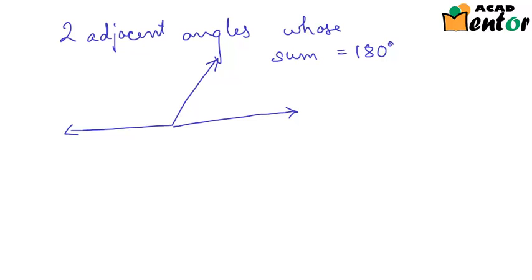Now these are adjacent angles, as we can see. Why are they adjacent? Because they share one common vertex and they share a common arm. Let me just name them. So if this is P, this is Q here, let this be O again and let this be R. So we have two adjacent angles. One of them is angle POR, the other one is angle ROQ, right?